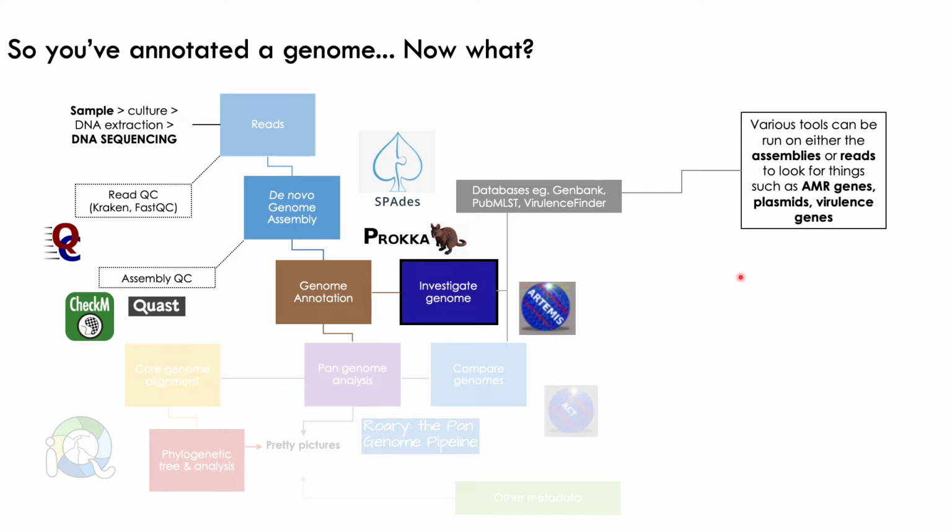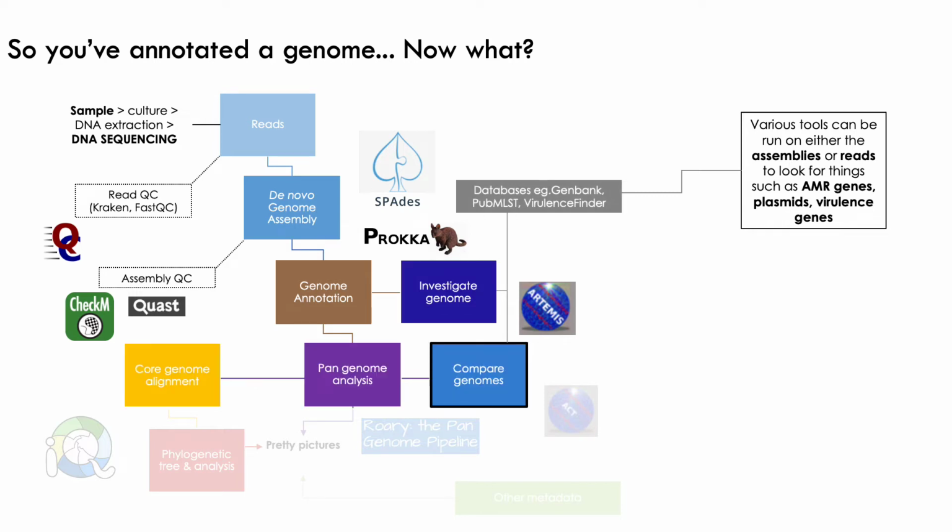I mentioned right at the start, AMR and virulence profiles are really common things to look at, for example. However, the next step is to compare some genomes, either to compare your genomes to previously published genomes, or you might sequence a set of genomes at once.